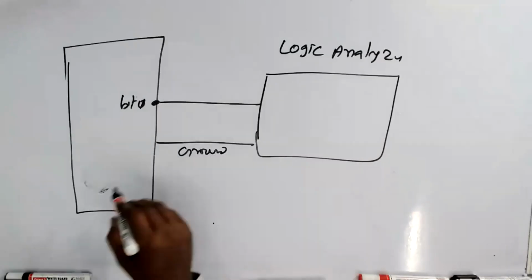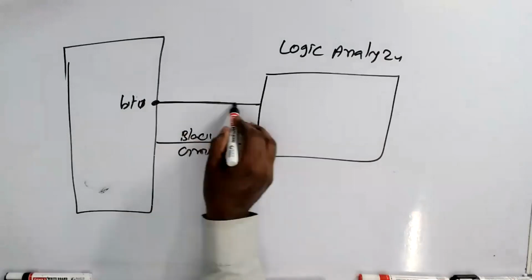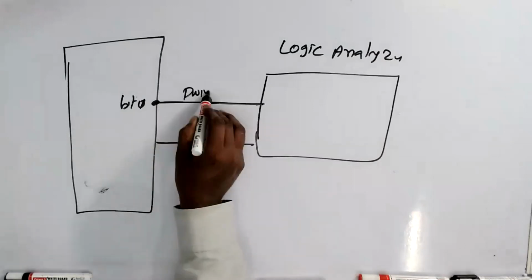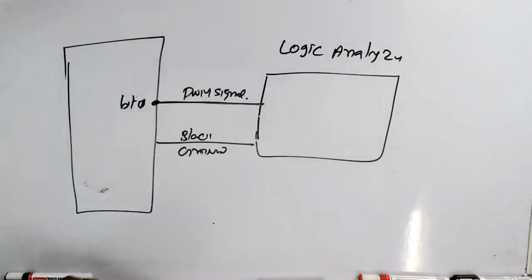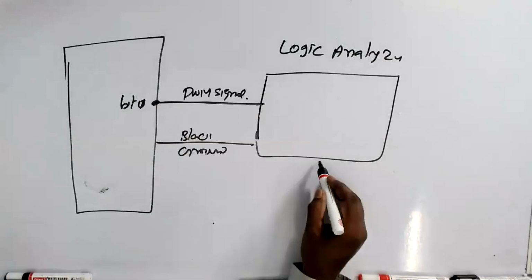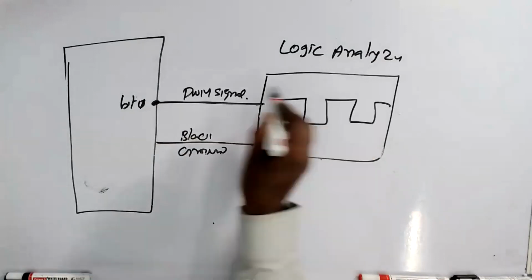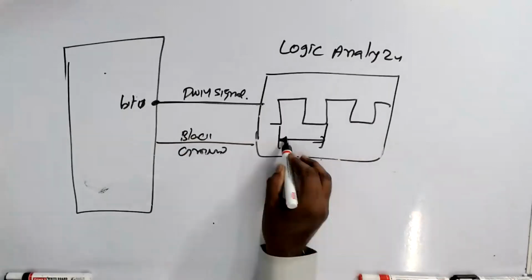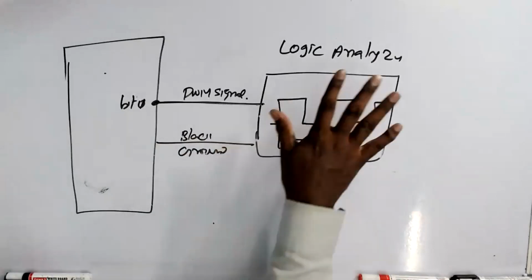Then there'll be a bit 0 signal, the PWM signal. Now you connect it here. This analyzer will show you the waveform. So you write software and you can measure the timing. Actually, this will give you a beautiful idea of how you control things with the software you write.